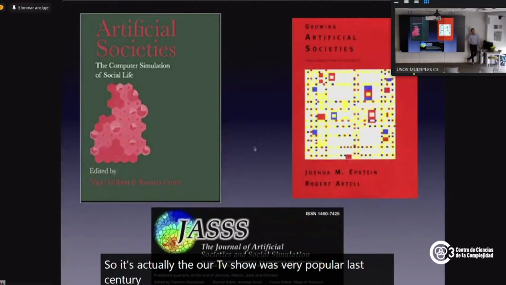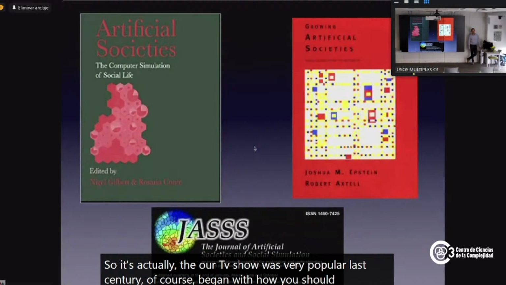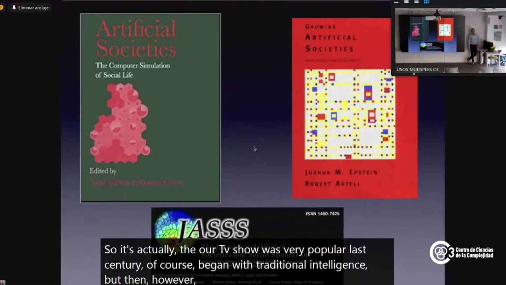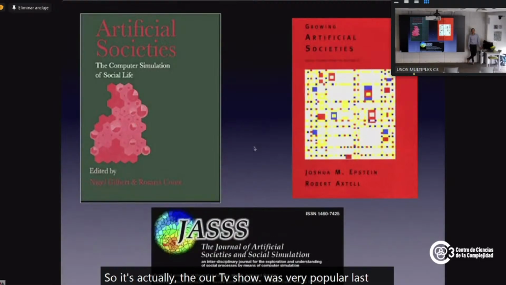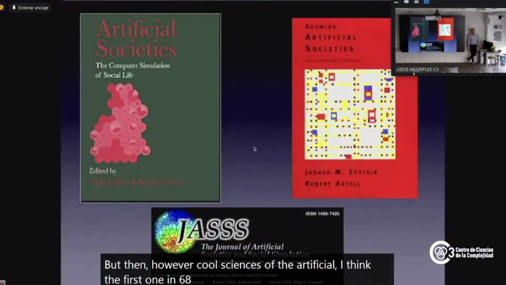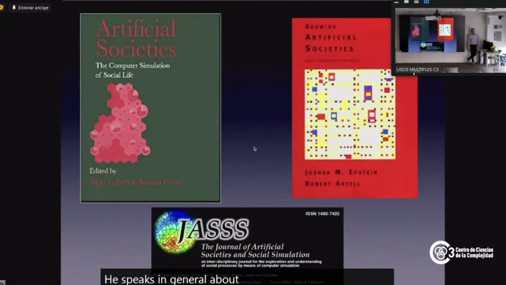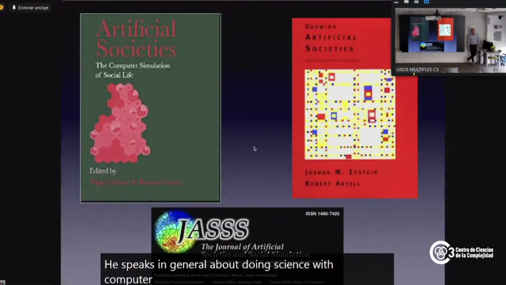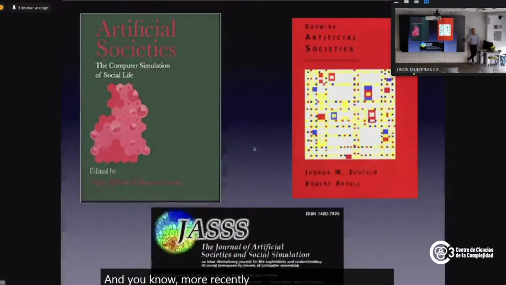Of course, it began with artificial intelligence, but then Herbert Simon wrote his book, The Sciences of the Artificial. I think the first edition was in '68. And he speaks in general about doing science with computers. And in a more recent edition, like the third edition from the 1990s, he already is explicit about complexity.